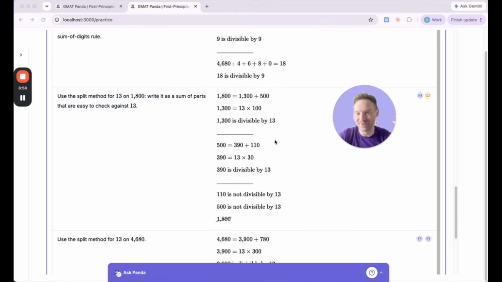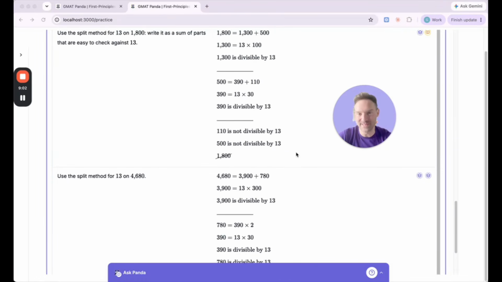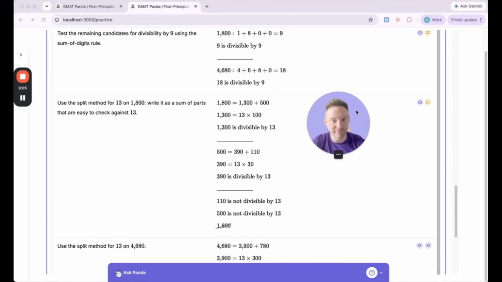Okay, so last but not least, we need to check by 13. And there is no trick for that directly. However, there's this universal split method that works on any number. We just need to know the best way to apply it. So for 1,800, we're trying to see if it's divisible by 13.